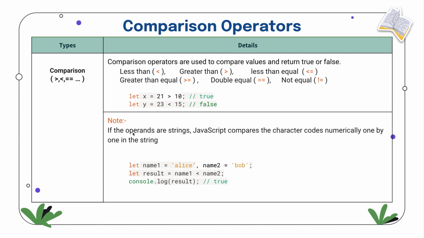But suppose the operands are strings, like we are trying to compare name1 Alice, which is a string, and name2 Bob, which is a string. Numeric values like 21 and 10 we know, but how do we compare string values? Every character has a character code. So we can go on the web and search for character code.